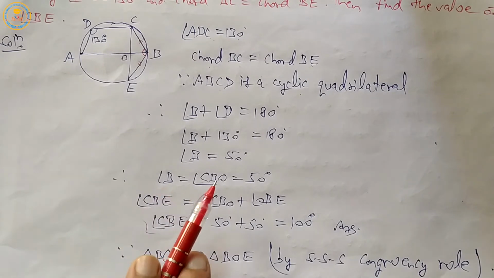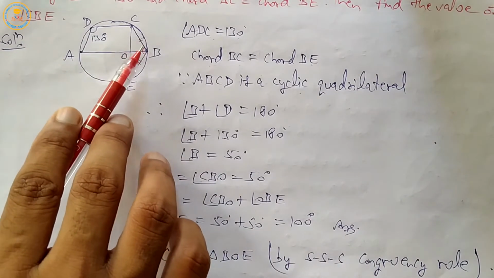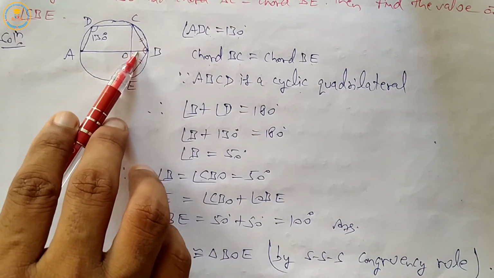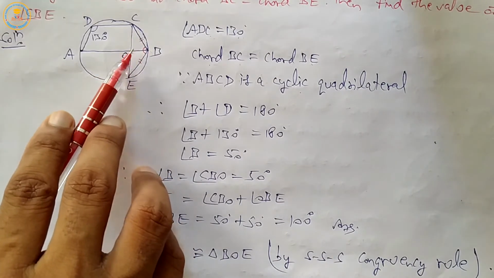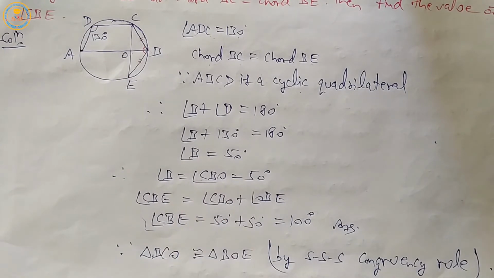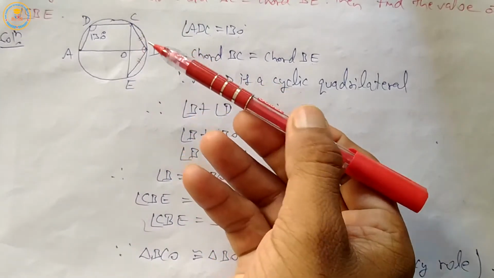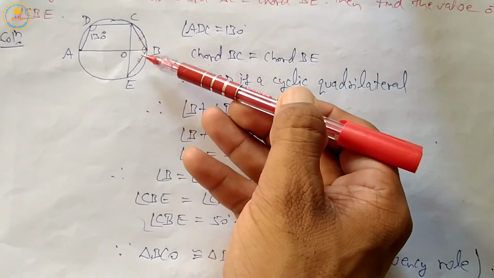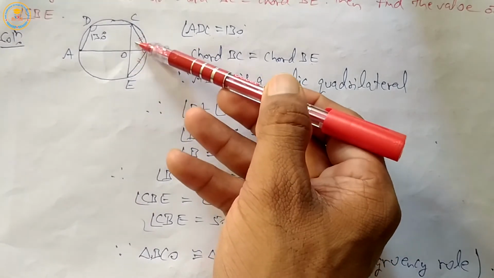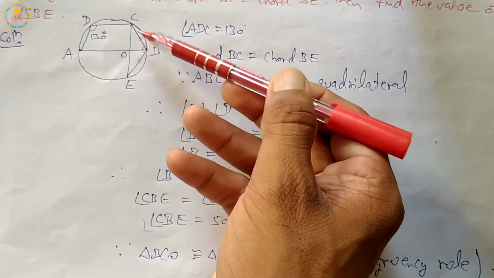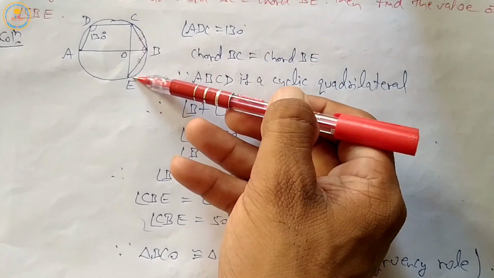Therefore, angle B means this angle, CBO. So this one is 50 degrees. Therefore, CBO and EBO, these two triangles are similar because BC equals CB, BC equals BE.